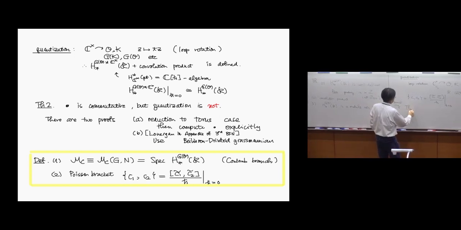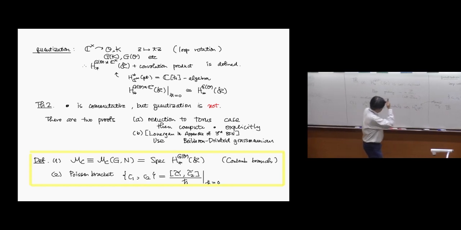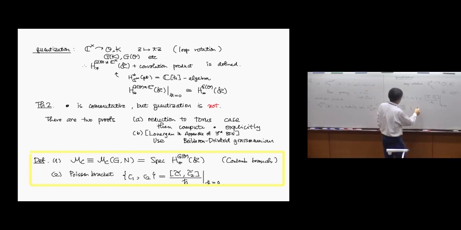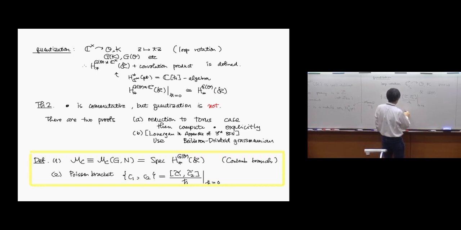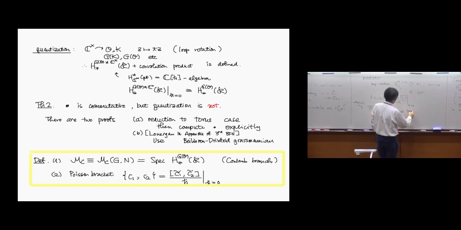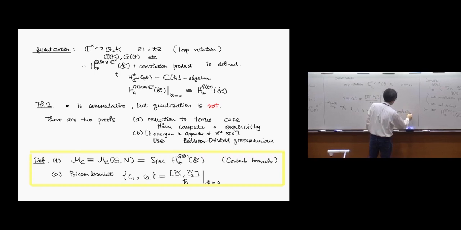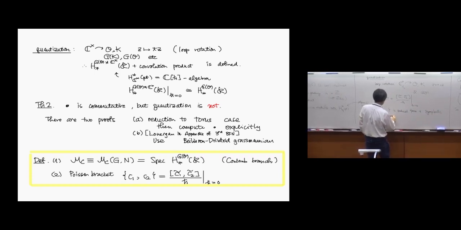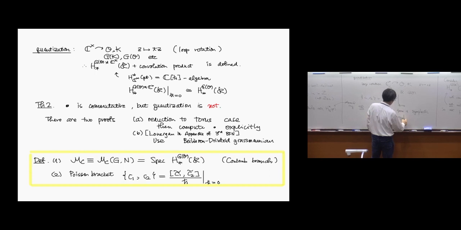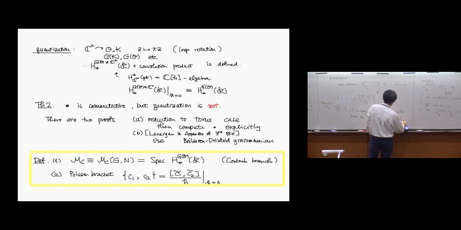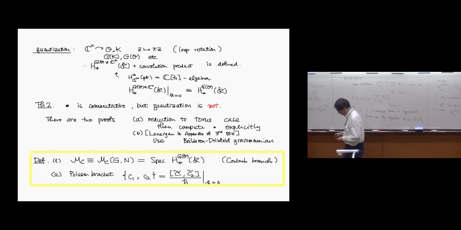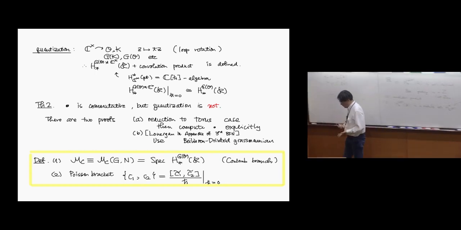The theorem which we proved in general is that this Poisson bracket is induced from a symplectic form on the regular locus of the Coulomb branch. There is a notion of Poisson variety.